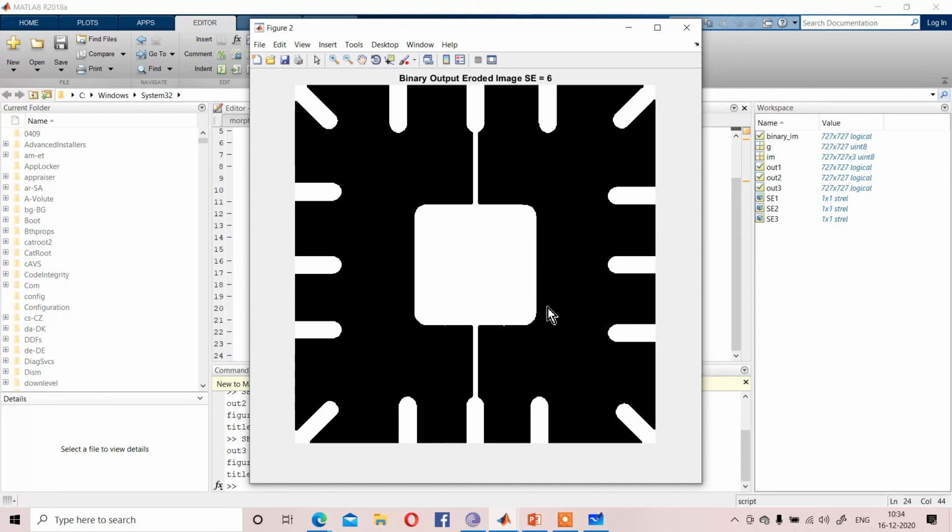So if we increase the structuring element, the maximum number of lines will also be removed, as well as, keep in mind, pixels are also removed from other parts.